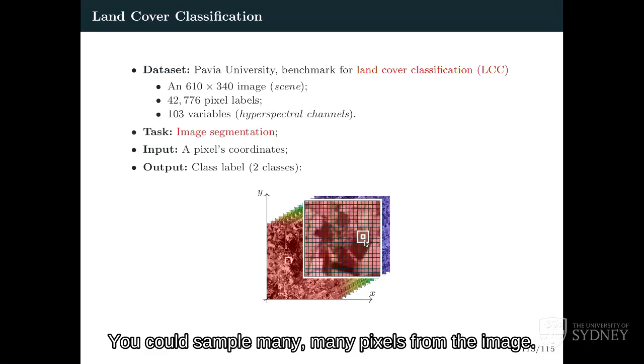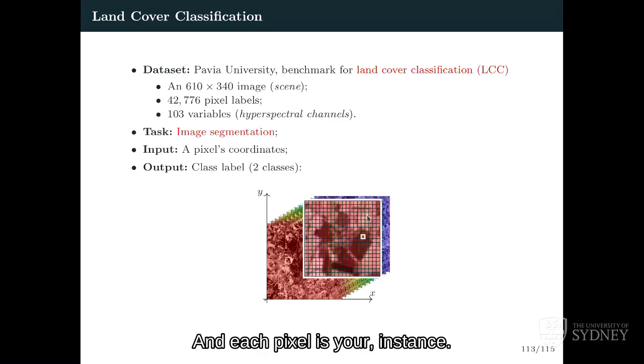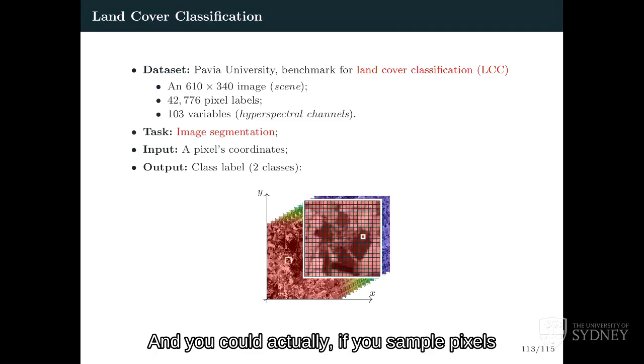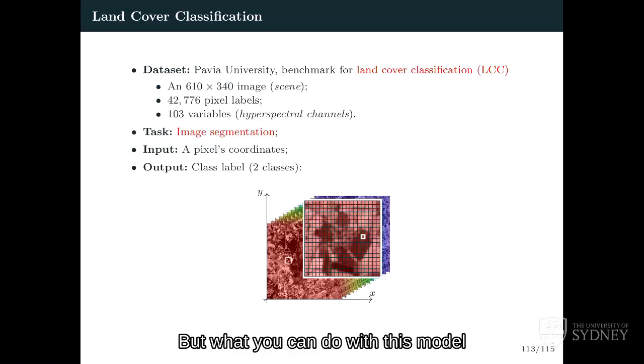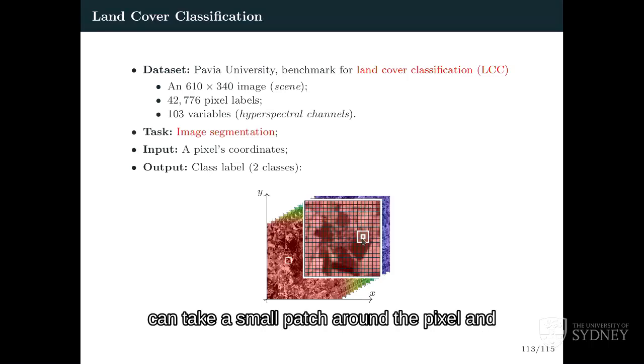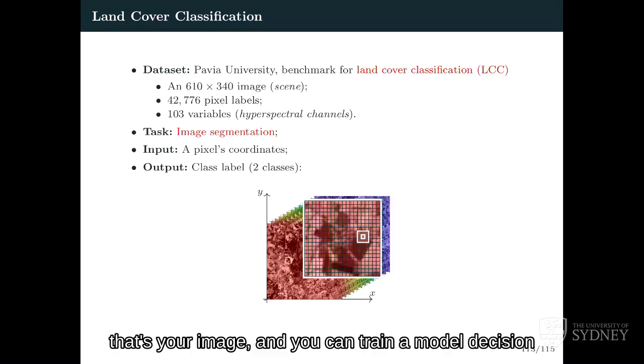Yeah, something like that. So in order to do this, this is what we did. You could sample many pixels from the image, and each pixel is your instance. And if you sample pixels, you could train a propositional decision tree. But what you can do with this model framework is you can also take a small patch around the pixel, and that's your image.